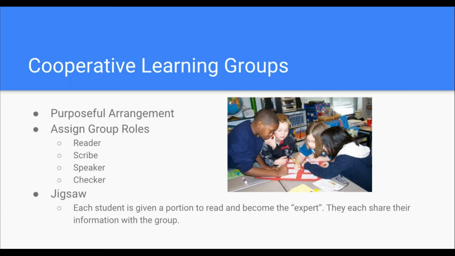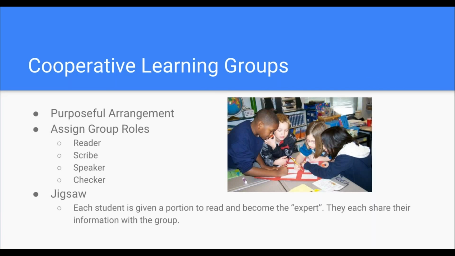And then if we assign group roles in the group work, that is also extremely helpful. And if you have your group that you created on purpose, you can also assign your group roles on purpose. So the reader role, you'll probably want to give to the stronger reader of the group, because you don't want to make the student frustrated or feel bad if they're not able to complete something.